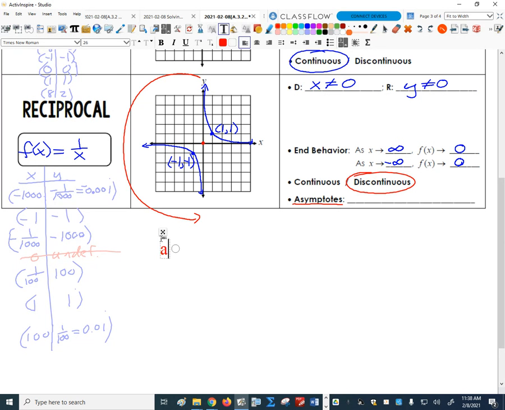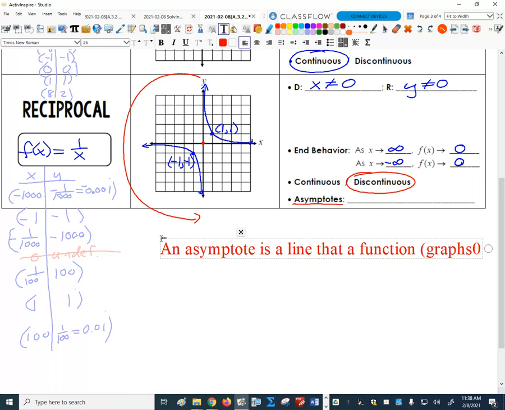An asymptote is a line that a function, or specifically the graph of a function, approaches but never gets to. Okay? That's what an asymptote is.